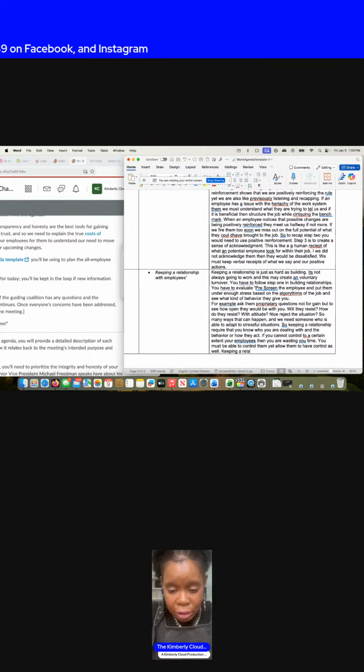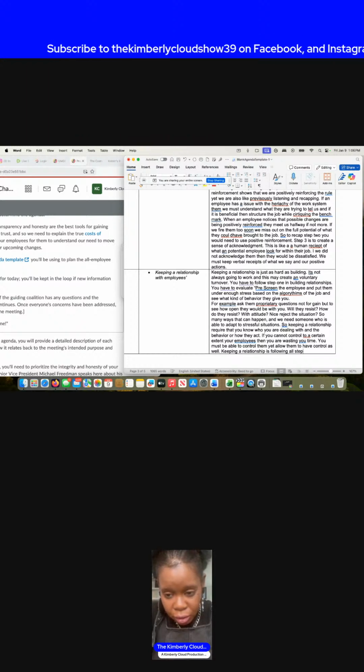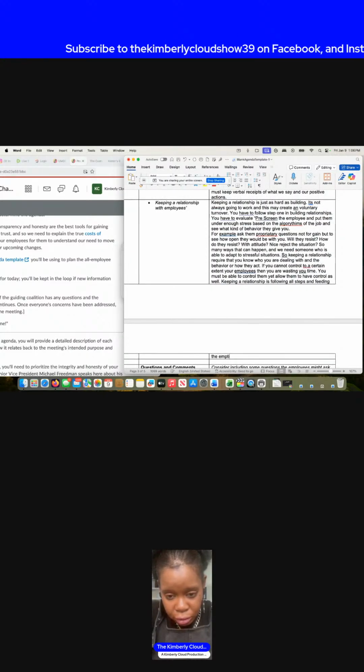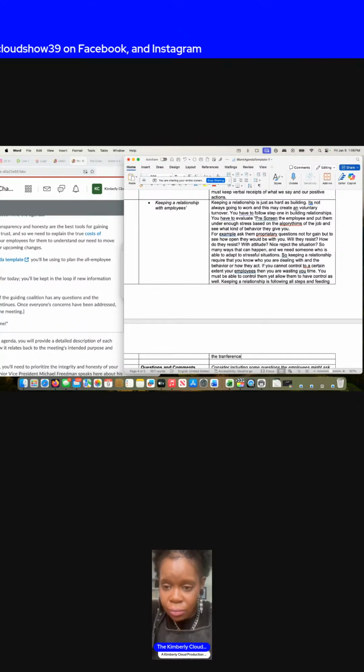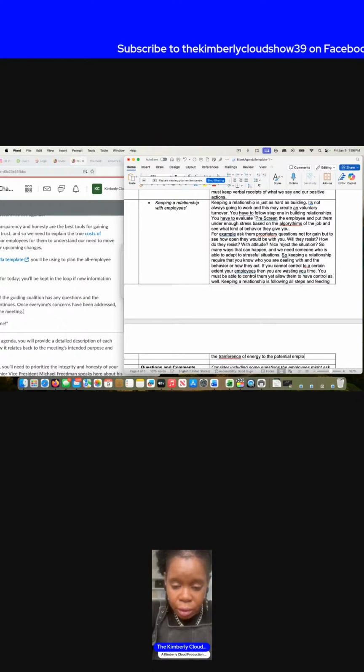Keeping a relationship is following all steps and feeding the emotion, the transparency, no, transference, of energy to the potential employee.